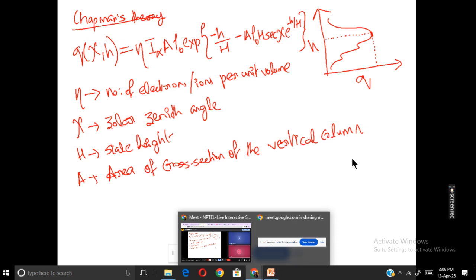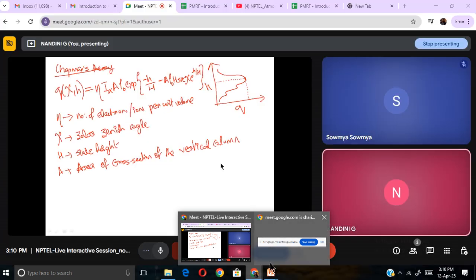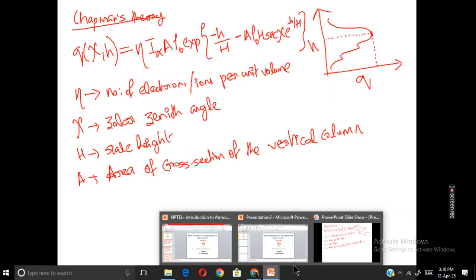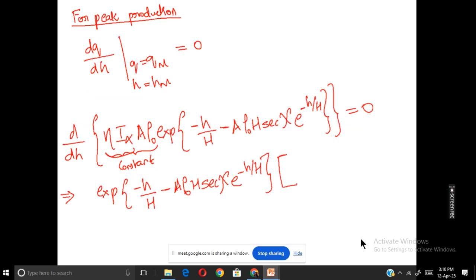Now, if we want to find the peak production height, or the value of peak production and the height at which the peak production is occurring, we are finding when this dQ by dh is becoming 0 to find that peak.